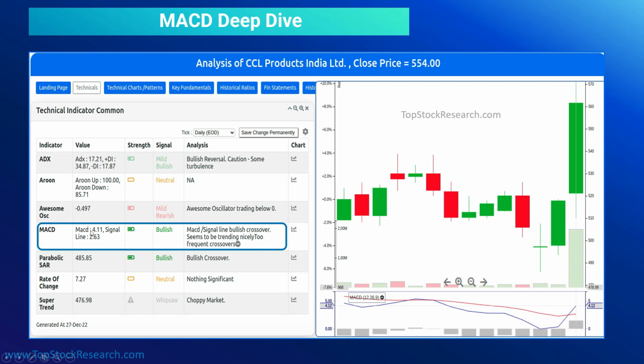You'll get the MACD value and the signal line, and then there's a brief commentary which says MACD signal line bullish crossover, and it seems to be trending, but there's a frequent crossover. So it gives you a lot of insight about any particular stock that you are interested in. Then obviously there's a color code. The color code here says bullish, primarily because there's a bullish crossover which has happened here.